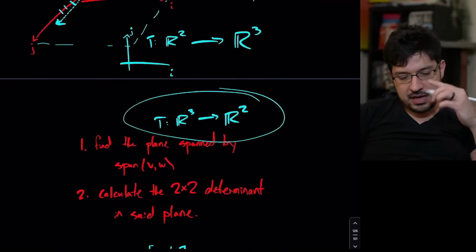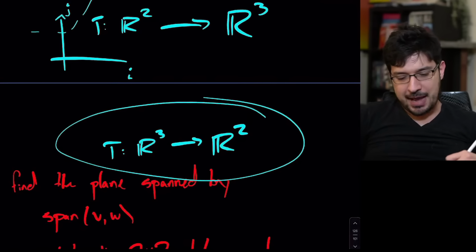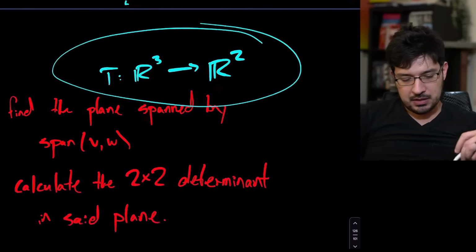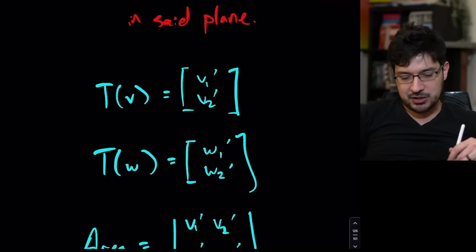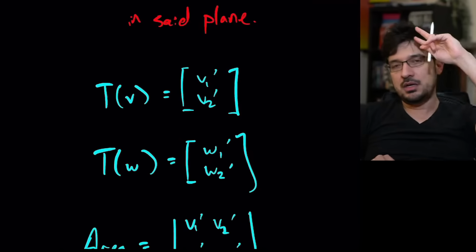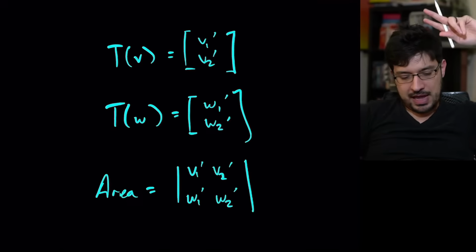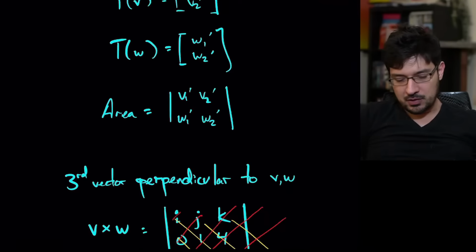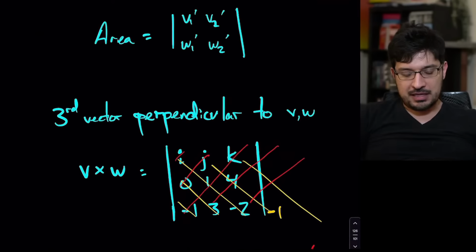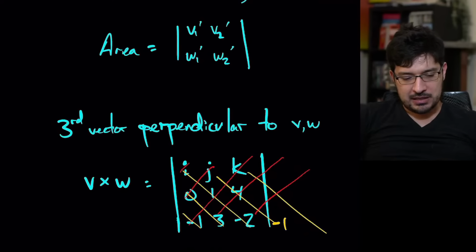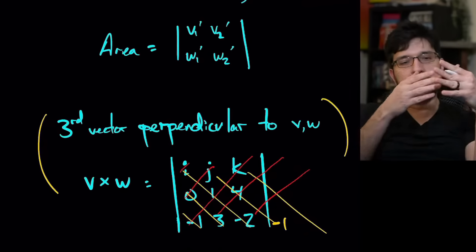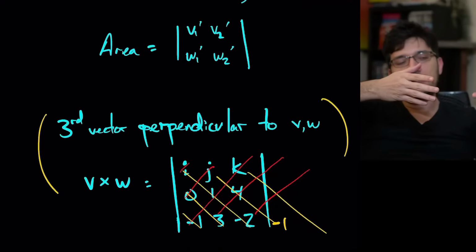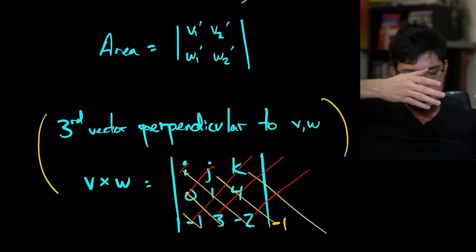My thought is, if I can find a linear transformation that maps from R3 to R2, then the transformation of V and W would be two-dimensional vectors, and then the area would be the determinant of those two vectors. My thought is somehow I can use the third vector being perpendicular to V and W. The orthogonal third vector would be V cross W.